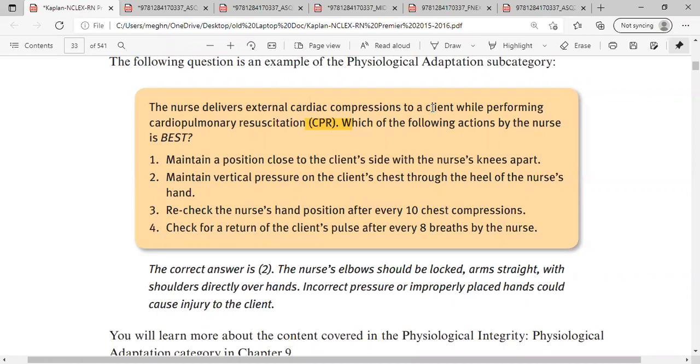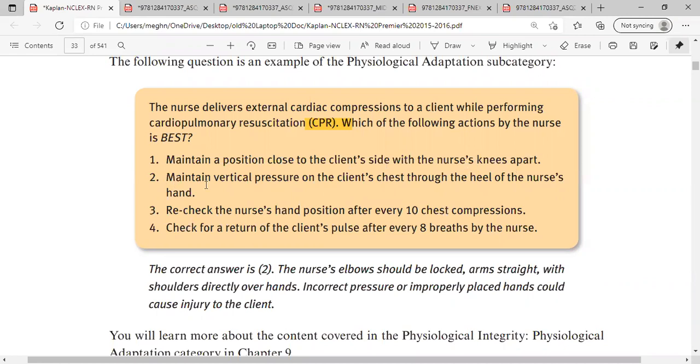So here I said number one, what we do: maintain the position. First of all, maintain the position close to the client's side with the nurse's knees apart.